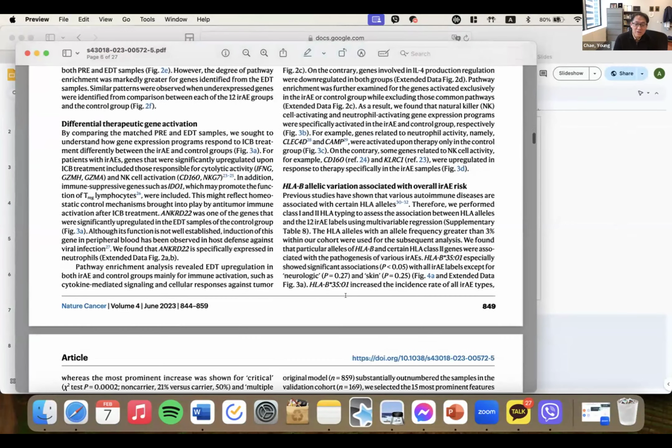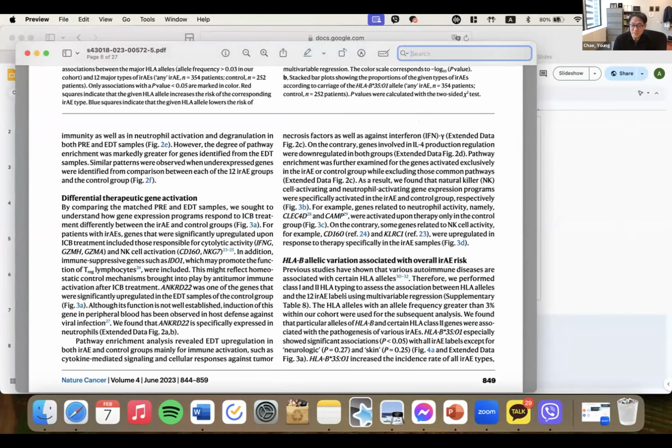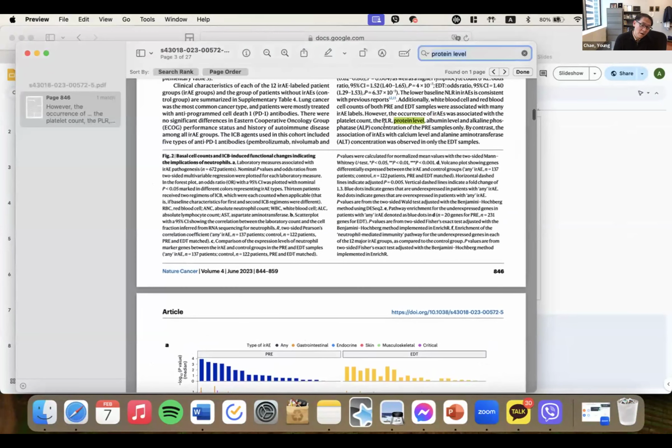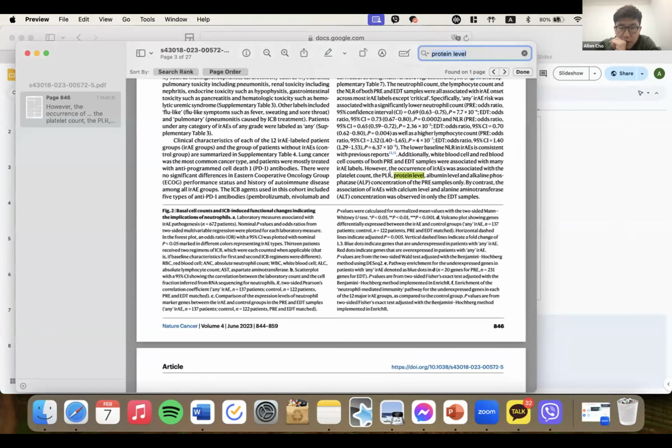And Monica, you can look at whether our group has a similar association with pneumonitis. It doesn't actually state how the occurrence is associated with platelet.